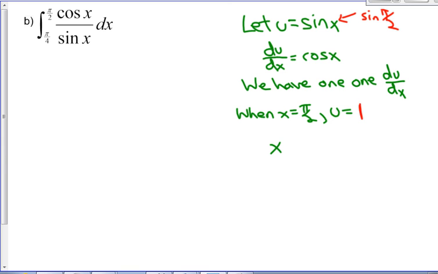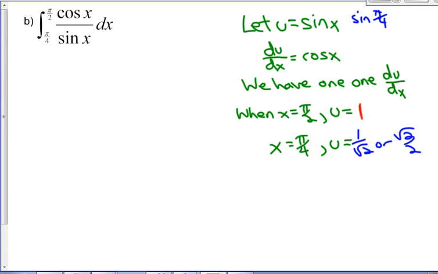When x is pi over 4, u is, let's see if we can get this one, the sine of pi over 4. You could call it 1 over root 2. So that's what I'm doing here, sine of pi over 4. 1 over root 2, or root 2 over 2. Doesn't matter. Same value.